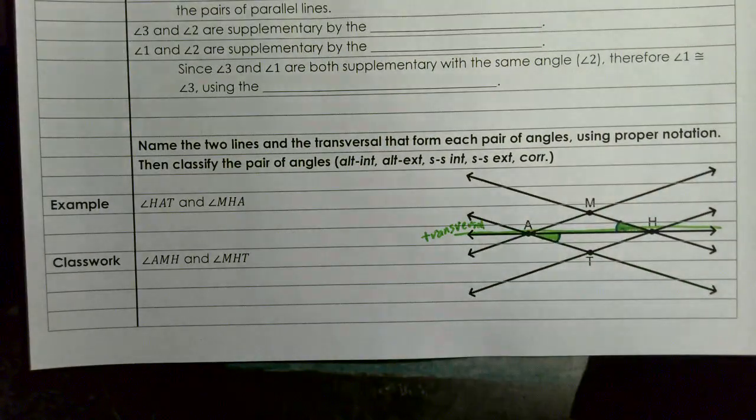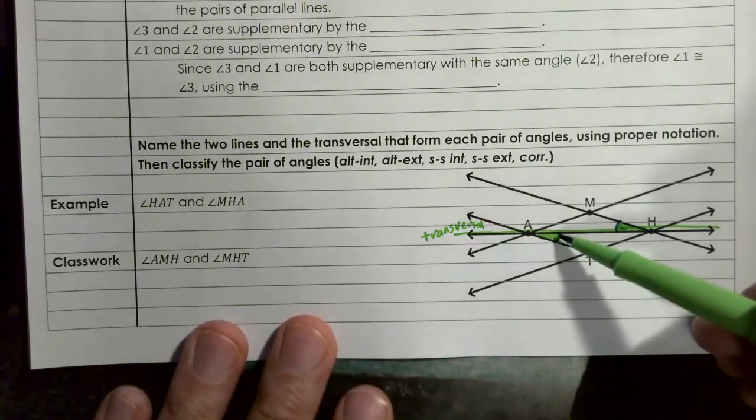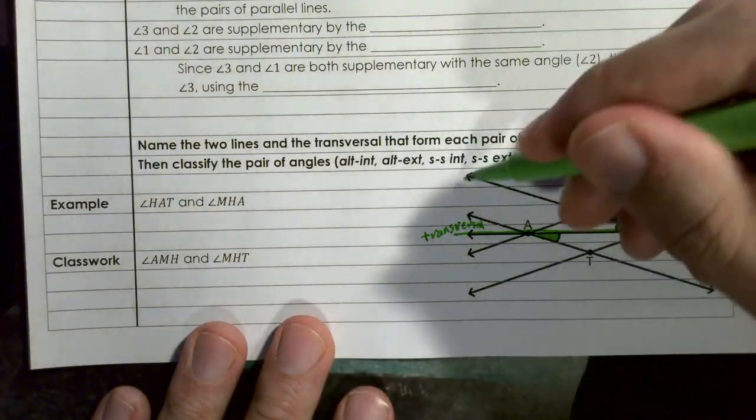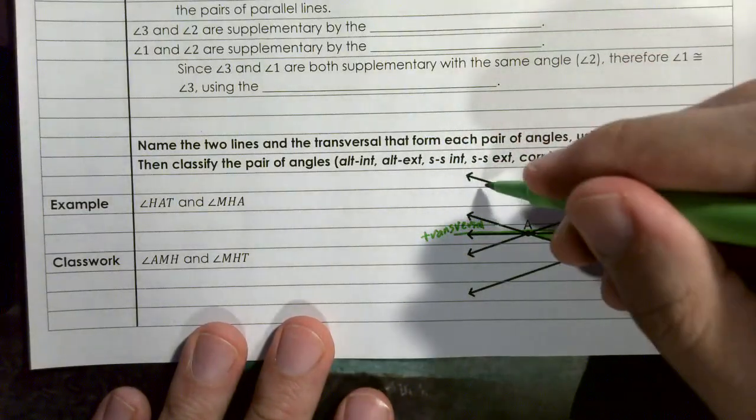And then the two lines that are going to be parallel with each other are the ones that are working off of that transversal. So these are going to be my two parallel lines.